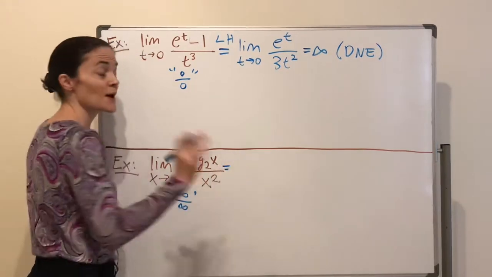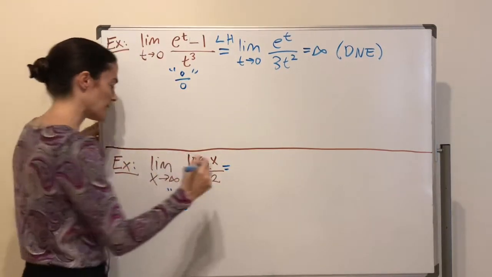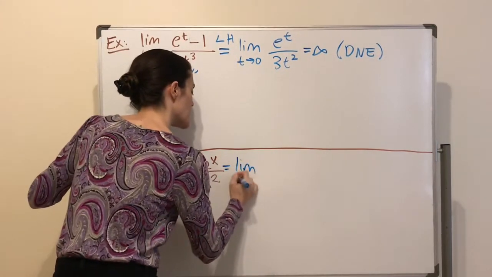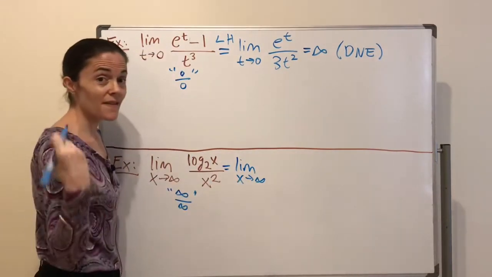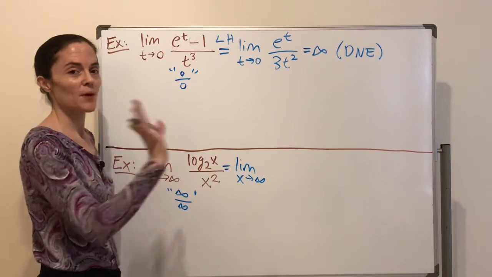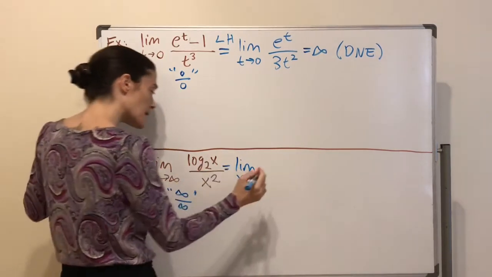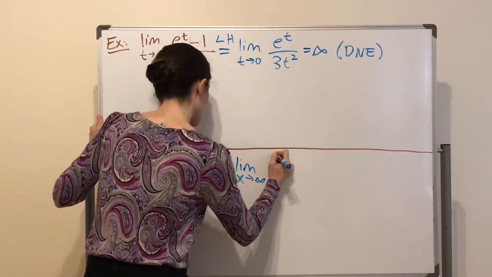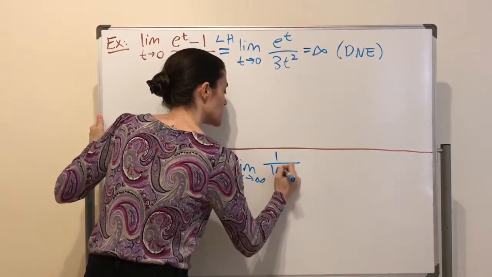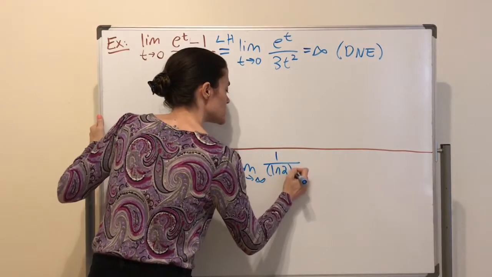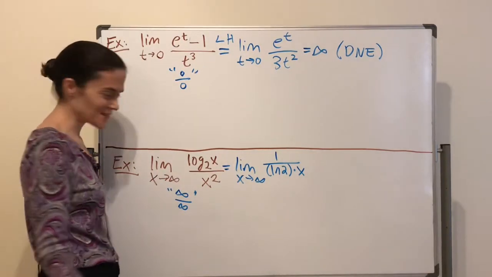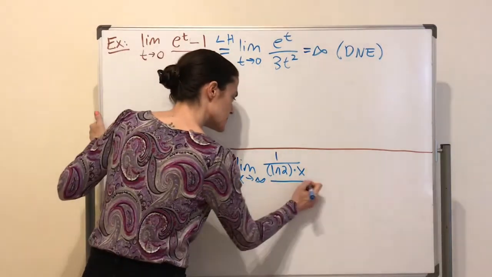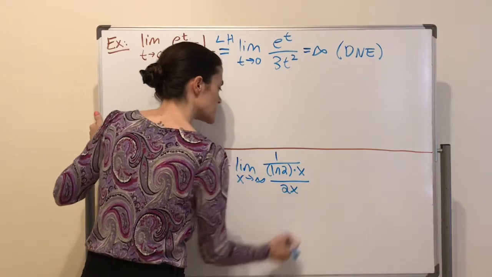This means we may use L'Hopital. This would be the limit as x approaches infinity. We want to take the derivative on the top, take the derivative on the bottom, reevaluate the limit. Here, this is 1 over ln 2 times x. This is the derivative of log base 2. And then we get divided by 2x.